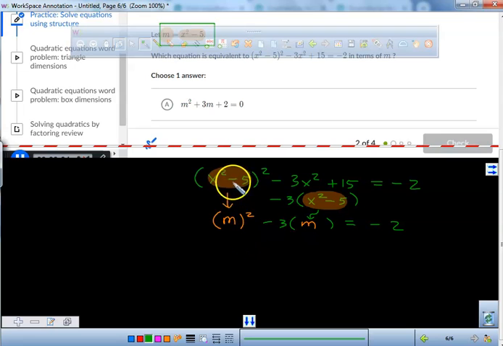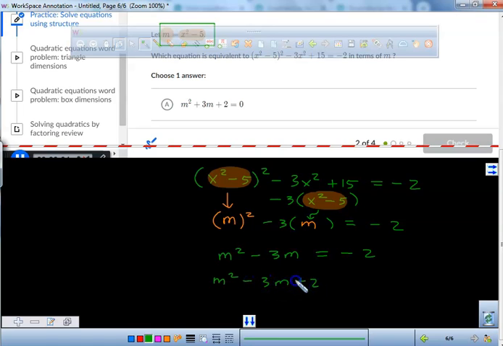Now, I have converted it from this big, long, ugly equation that only a mother could love to m squared minus 3m equals negative 2. Now, if I wanted to set everything equal to 0, I could add 2 to both sides. Now, what do we have?